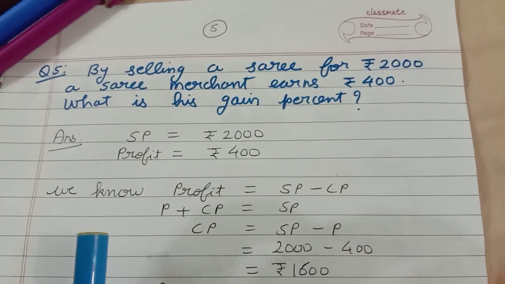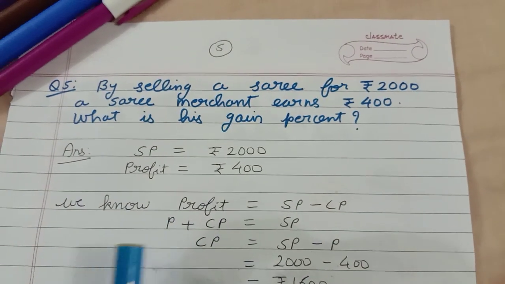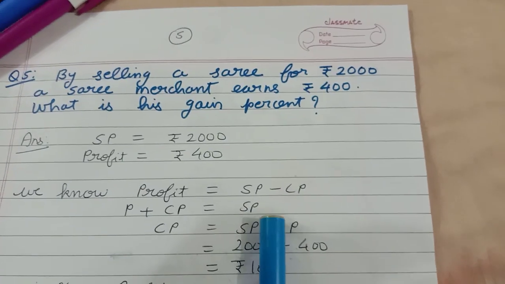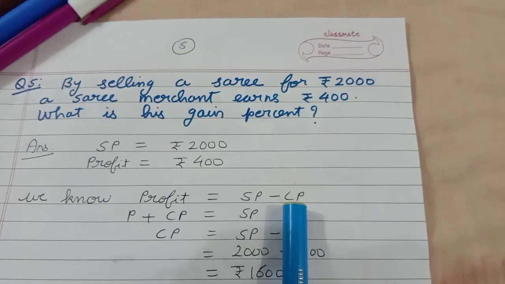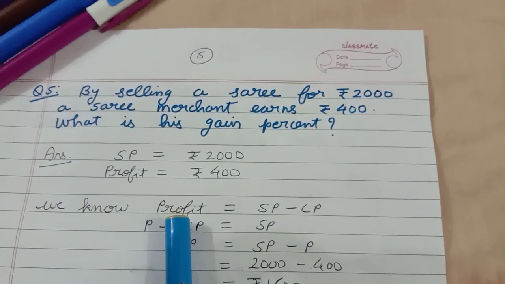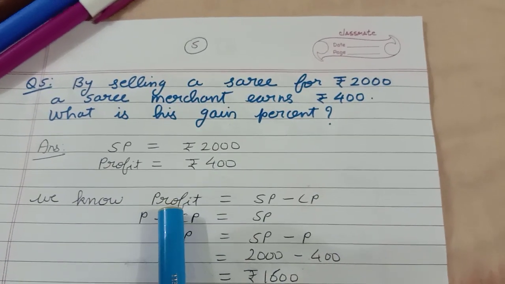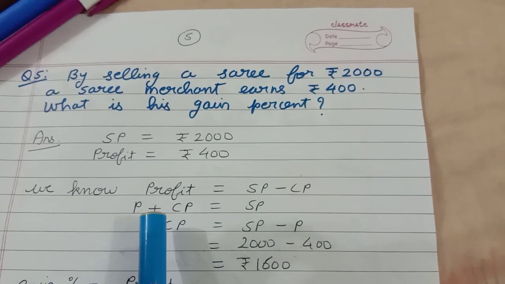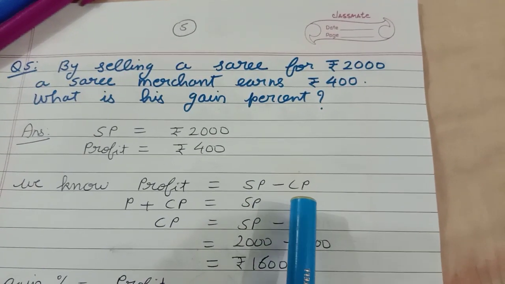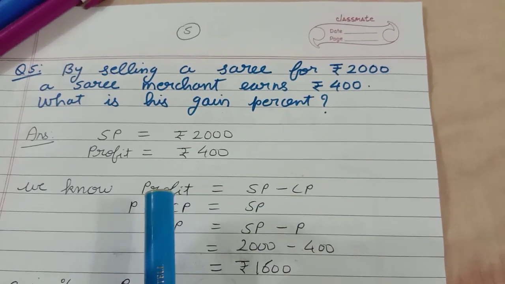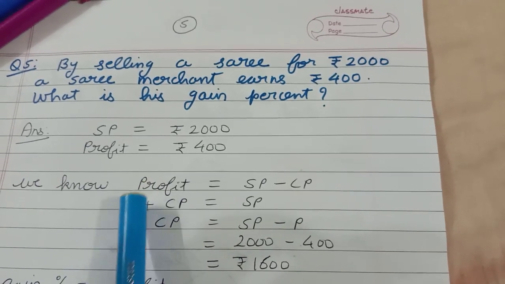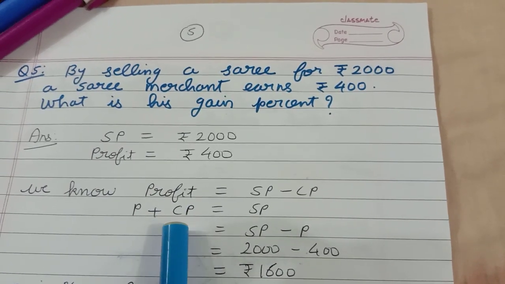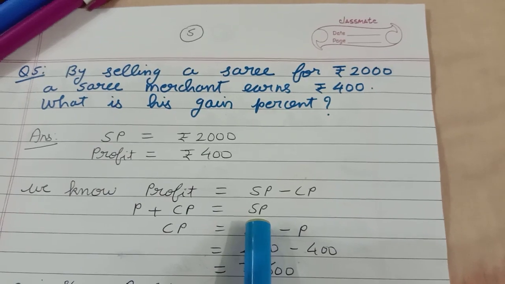Profit and selling price are given. As you all know, profit is selling price minus cost price, that is, selling price is more than the cost price, so we are in profit. So I'll make an equation: profit equal to selling price minus cost price. Now if you shift this cost price to the left hand side, profit plus cost price is equal to selling price.